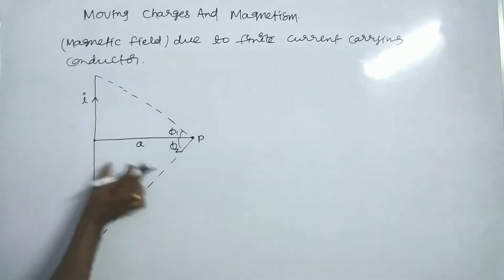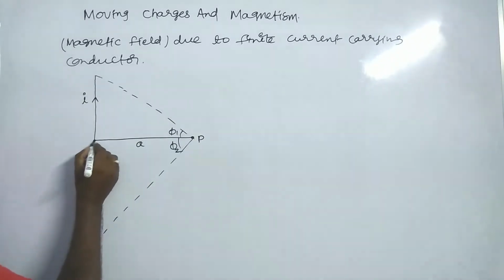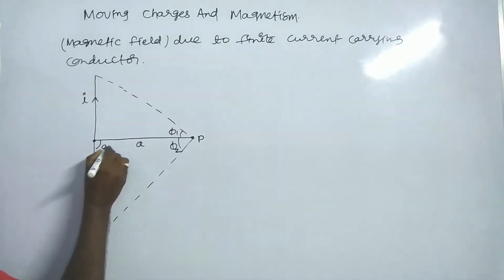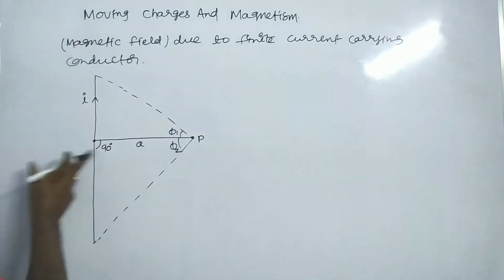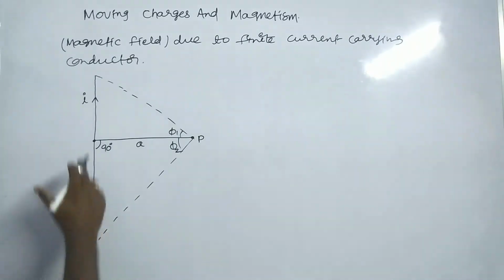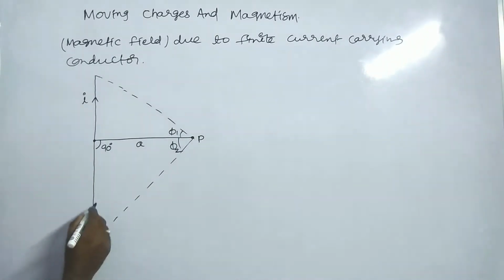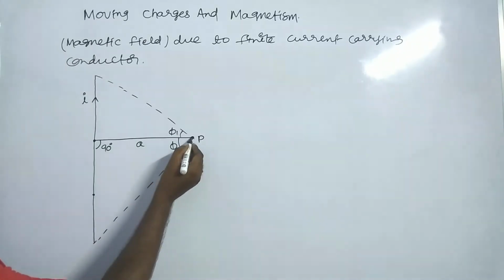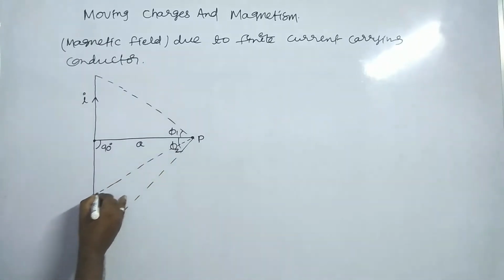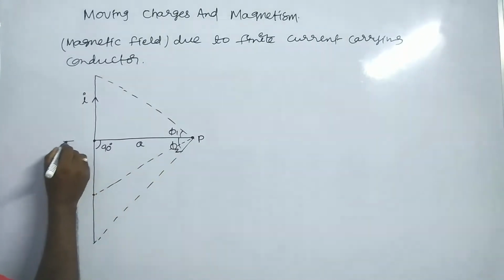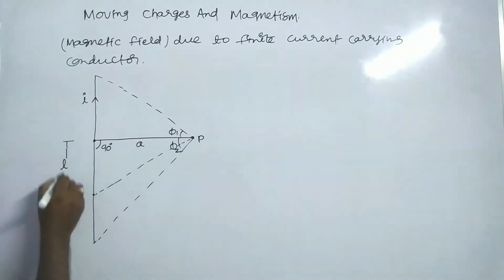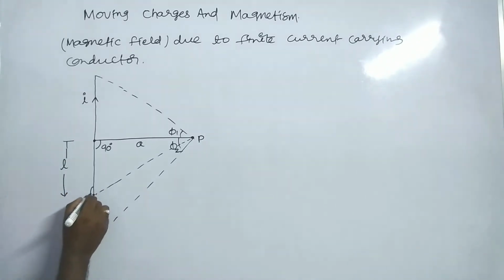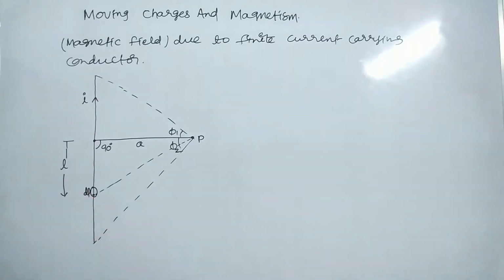And here this contains 90 degrees, because we have to take it perpendicularly, right? Here there is a point having a length L, which you can assume as the dl element. And here the distance is r.